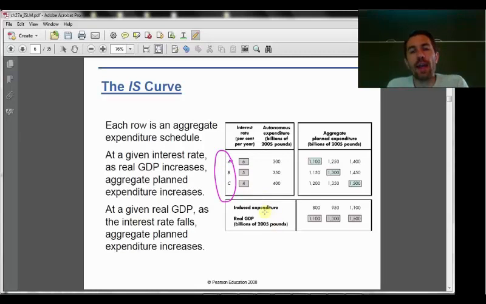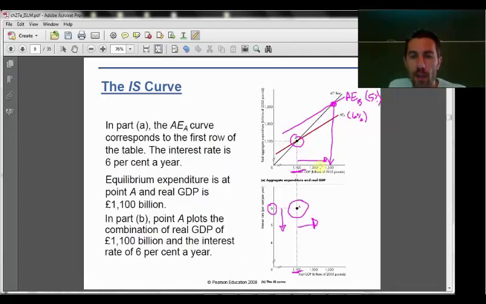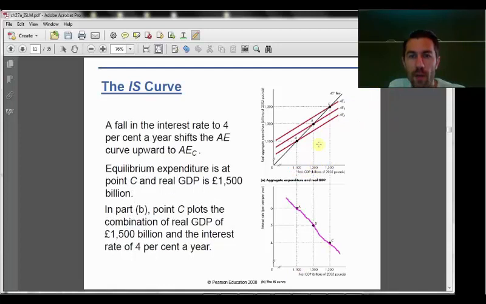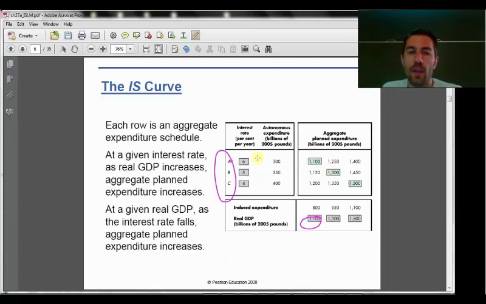And if we look at different levels of real GDP, when our real GDP level is 1,100, at an interest rate of 6%, that's AEA. An interest rate of 6% with 1,100, what is our aggregate expenditure?